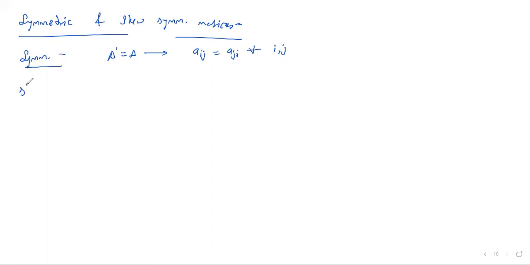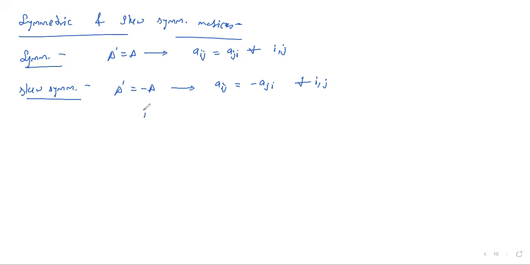For skew symmetric, if we have A transpose equals minus A, then we say that we have a skew symmetric matrix, which is defined as Aij equals minus Aji for all i, j.